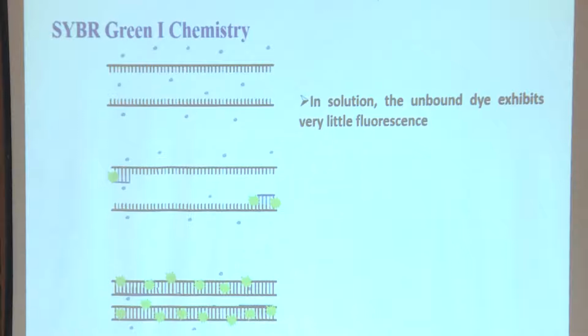In a solution, unbound dye exhibits very little fluorescence. Why? Because the template is so low. How much template do you put? Maybe 50 nanograms or 100 nanograms. So, in principle, double stranded DNA will bind with dye, but that basal fluorescence is usually not detectable. Try to understand this.